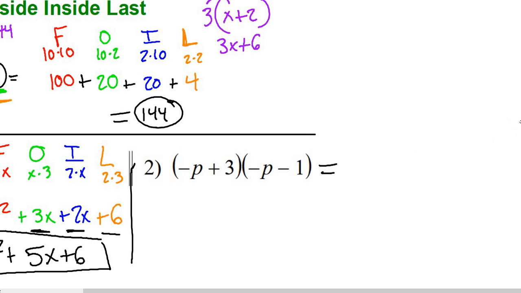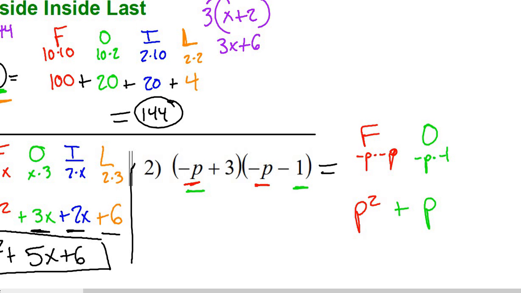So our first terms here, I'm just going to color code this. The first term is negative p times negative p, and that's going to be p squared. Then we use green for the outside terms: negative p times negative 1, and a negative times a negative will be a positive 1p.